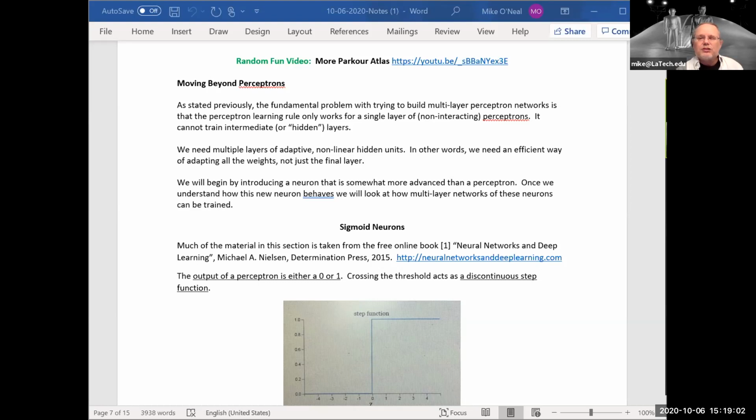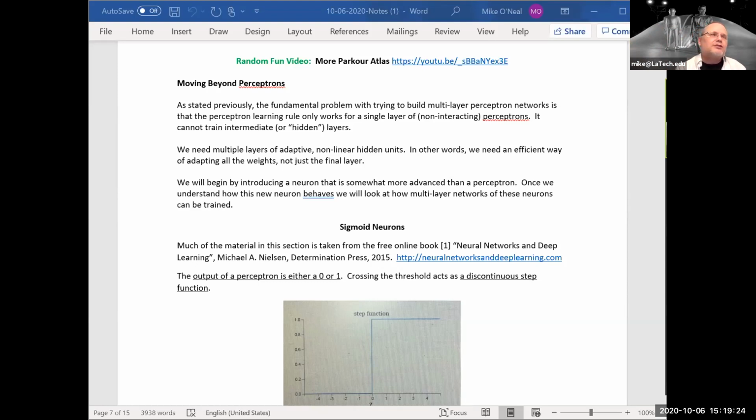And when you've got lots of these layers, you then call it a deep neural network. Deep just means there are a lot of levels. How many levels do you need to have for you to call it a deep neural network? I don't know. It depends. So that's the big difference.